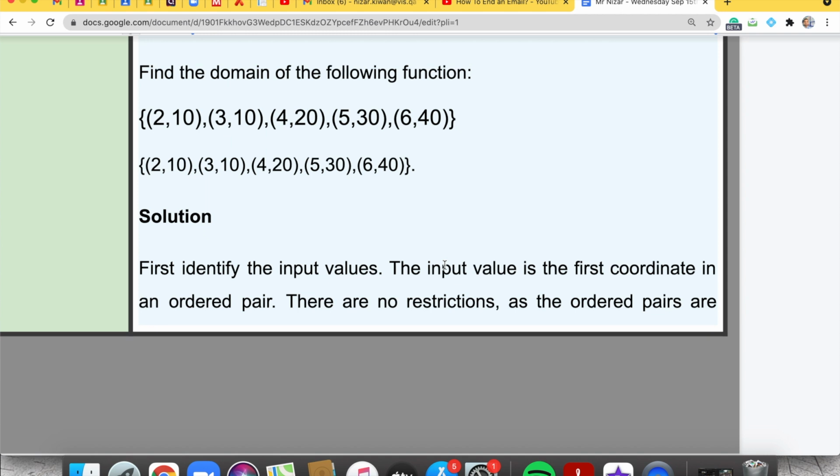So here it's obvious that you can pick up the first numbers of each pair. So the domain here is 2, 3, 4, 5, and 6. The range is 10, 10, 20, 30, 40. While writing the range, either you repeat the number 10 or you just write it once, and that's fine.